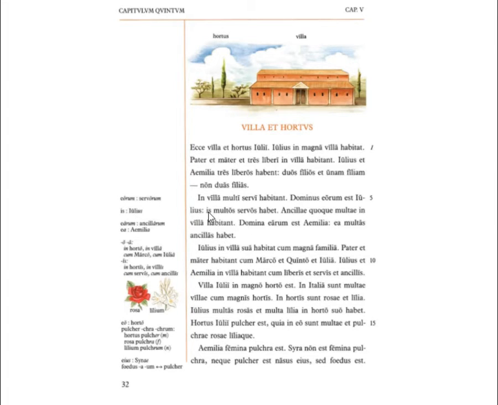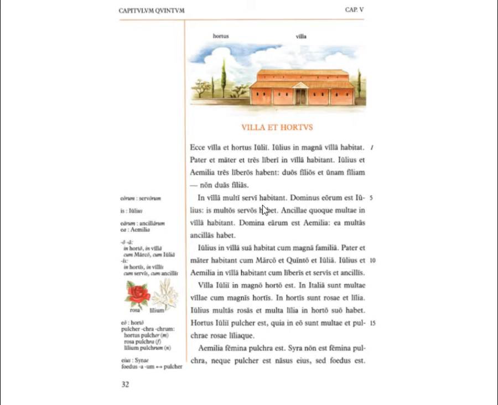Similarly, we have is multos servos habet. We look over here, and is corresponds to Julius, so it's referring back to Julius. If you were to read the sentence in English, it would read like this. Many servants live in the villa.